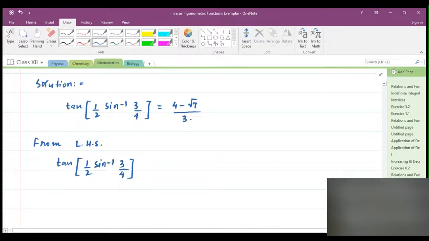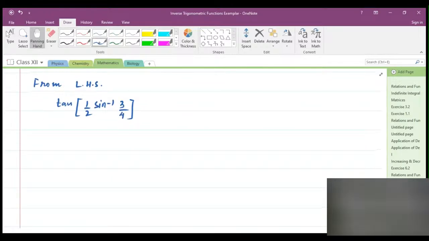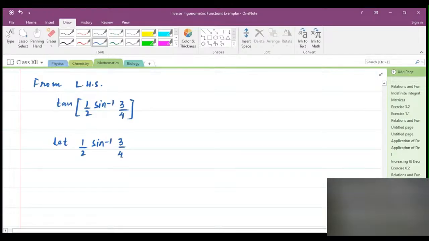So let 1/2 sine inverse 3/4 equal to theta, then this one will be tan theta.